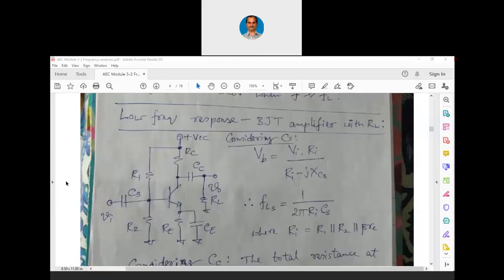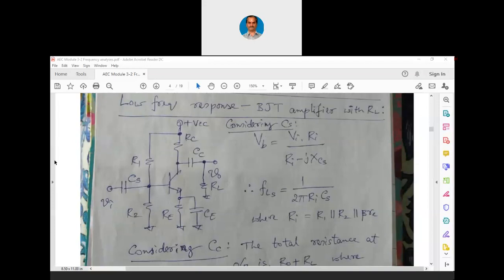So let us continue now. Let us perform a low frequency response analysis of a BJT amplifier. Let us assume a load resistance also at the output, because anyhow we are going to deal with multi-stage amplifier circuits, and even at the end of the multi-stage we will have a load connected to the output side. So let us assume one RL here.